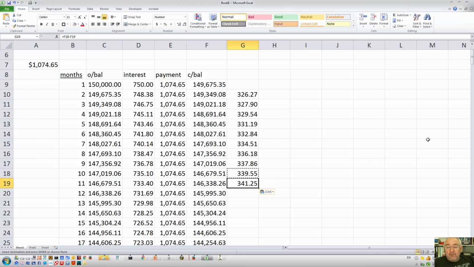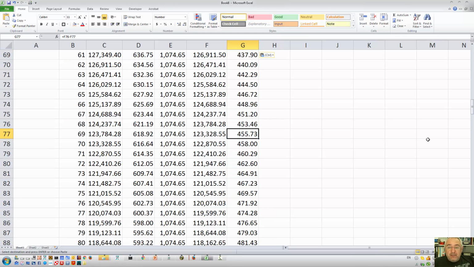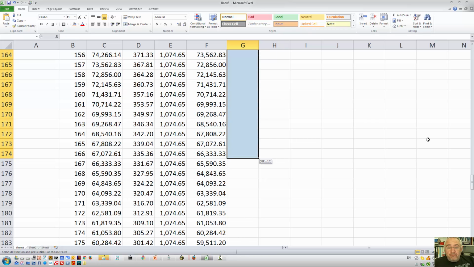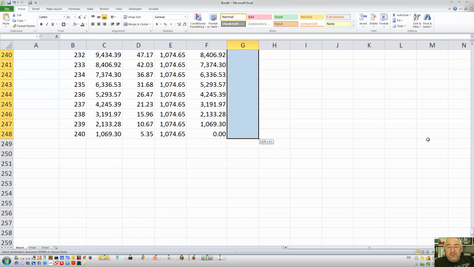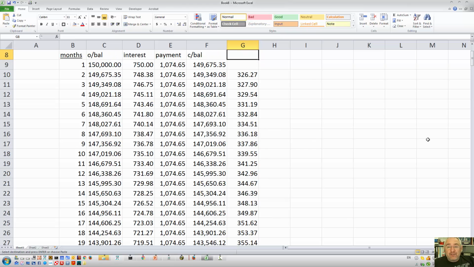So we're only making $340 hits early on, but once we're a few years in, every time we make a payment, now $500. And towards the end, there's almost no interest at all. So towards the end, most of your payment is reducing the loan. This is the change in loan balance.